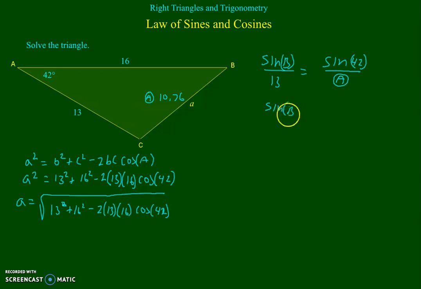Sine B equals 13 sine 42 over A. Now we take the arcsine of both sides, so B equals arcsine of 13 sine 42 over A.